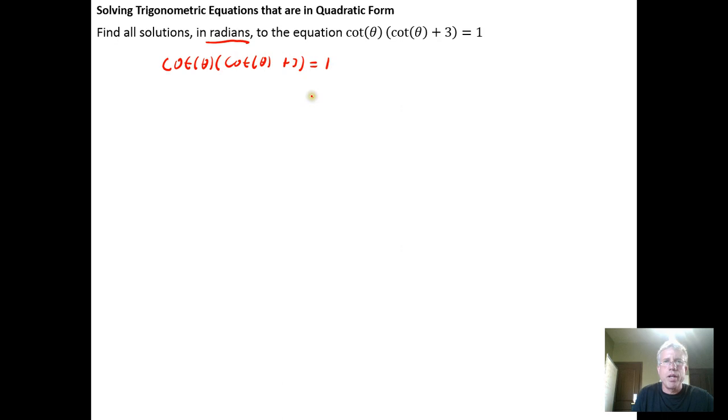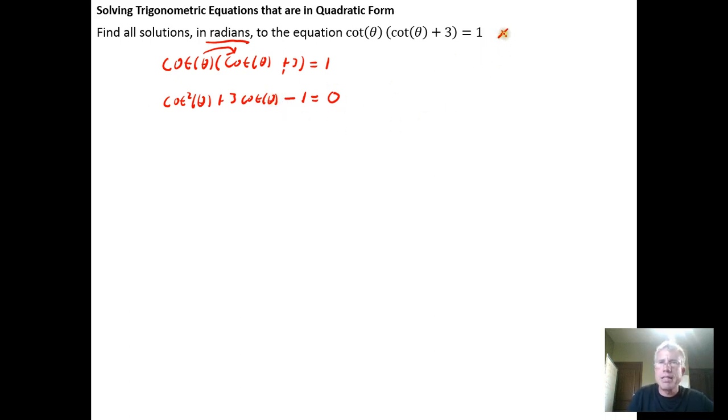So this is one where if I subtract 1 from both sides so that I get a 0 on the right hand side, and then distribute the cotangent in, I get cotangent squared of theta plus 3 cotangent of theta minus 1 equals 0.